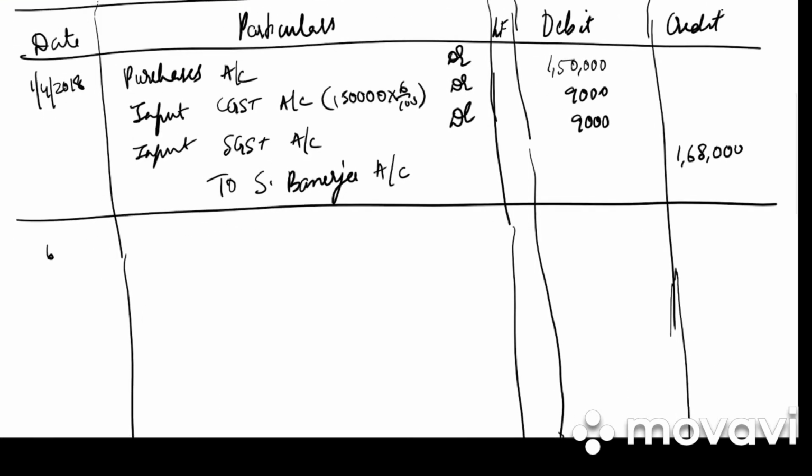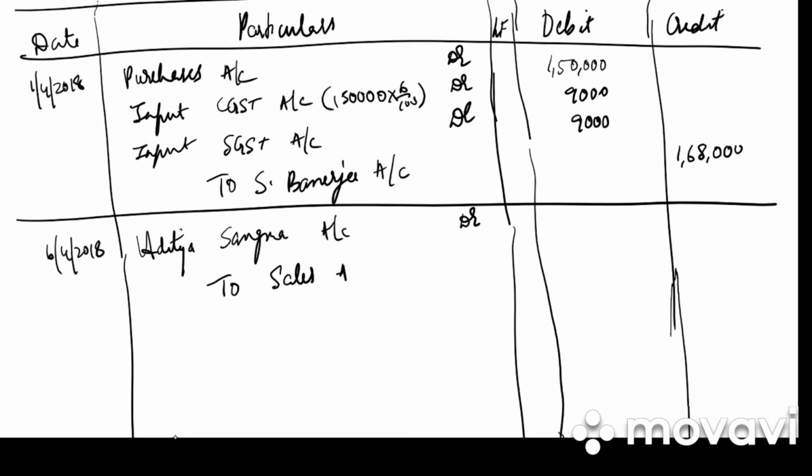Next entry we have 6th April 2018. Sold goods to whom? Aditya Sangma, account debited, to sales account, to output CGST account, to output SGST account.